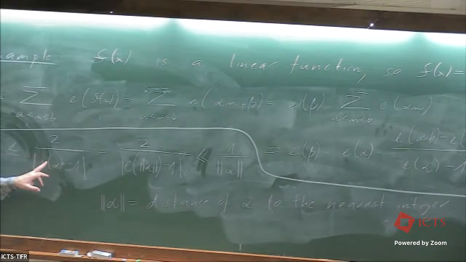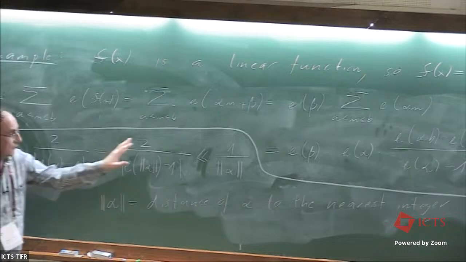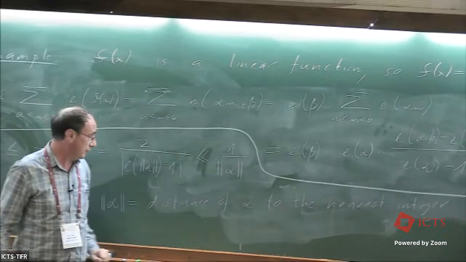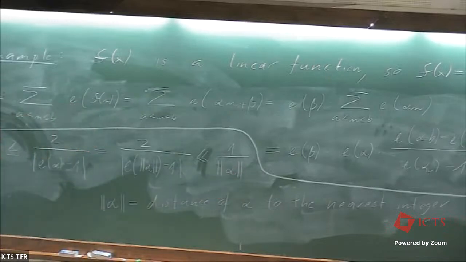So if alpha is bounded away from integers, then we get a very good estimate for these exponential sums. Only if alpha is very close to an integer, we cannot do better than the trivial bound.